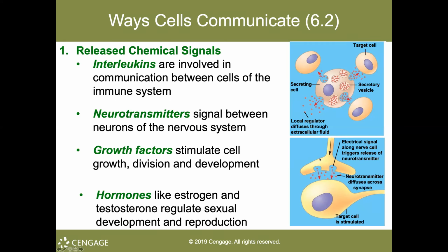These respond to an electrical signal, and cause vesicles within this cell that are filled with neurotransmitters to merge with the plasma membrane and release their chemical signals. The chemical signals released by the neuron are the neurotransmitter, and these will bind to receptors on the target neuron or target cell.